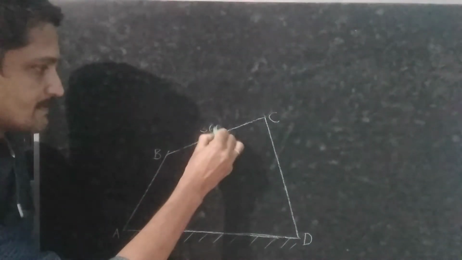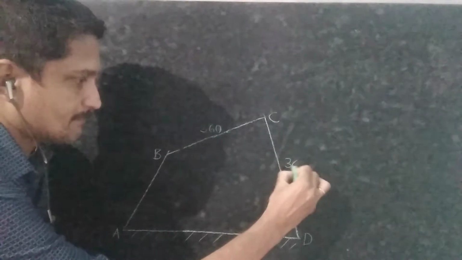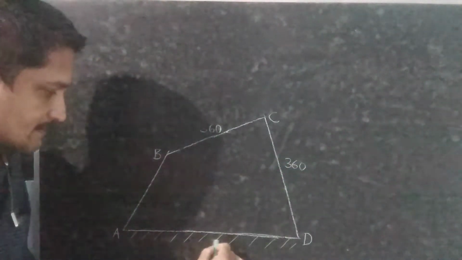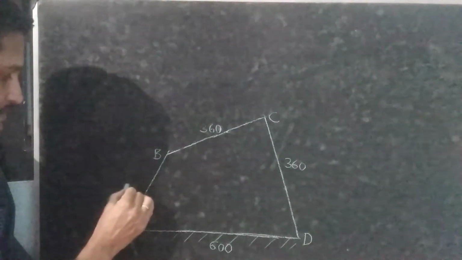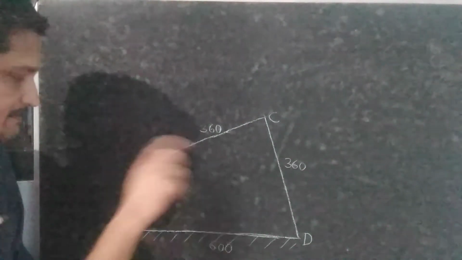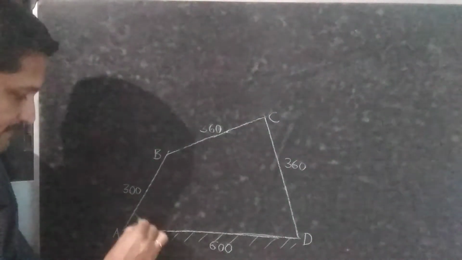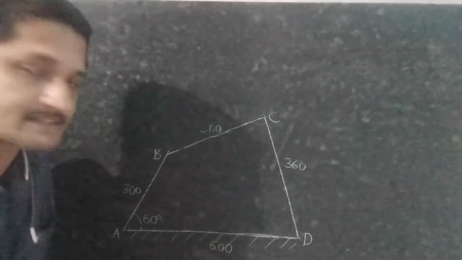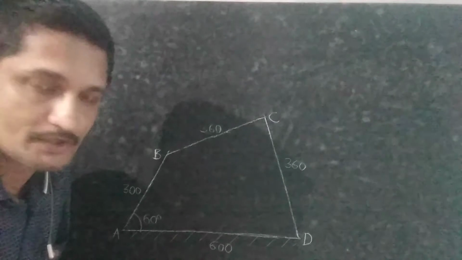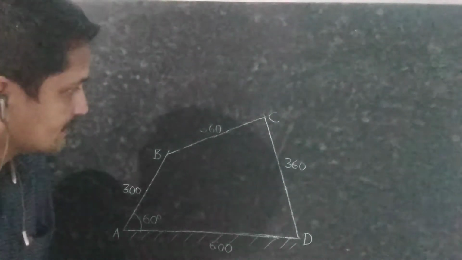This length AD is equal to 600 and AB is equal to 300. This is the space diagram and this angle is equal to 60 degrees. We have to draw this space diagram by using any convenient scale.